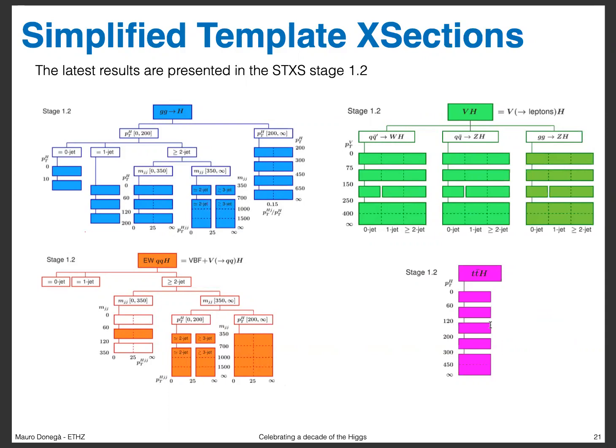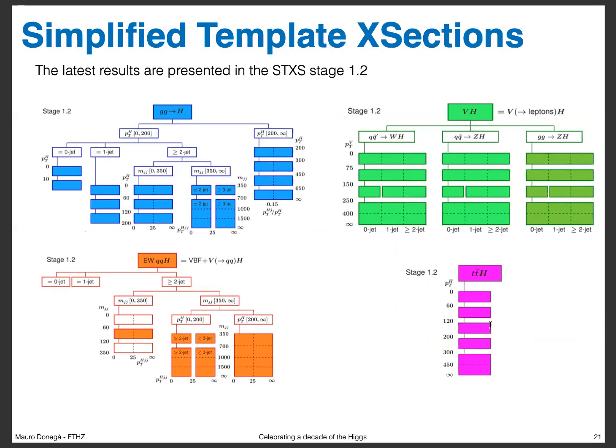So for instance, in the top case, what you're really sensitive to from the theory side is the top that then will dictate W and V. And so in those cases, you're looking at quantities on the top itself because they allow you to reduce the theory uncertainties on its kinematics.